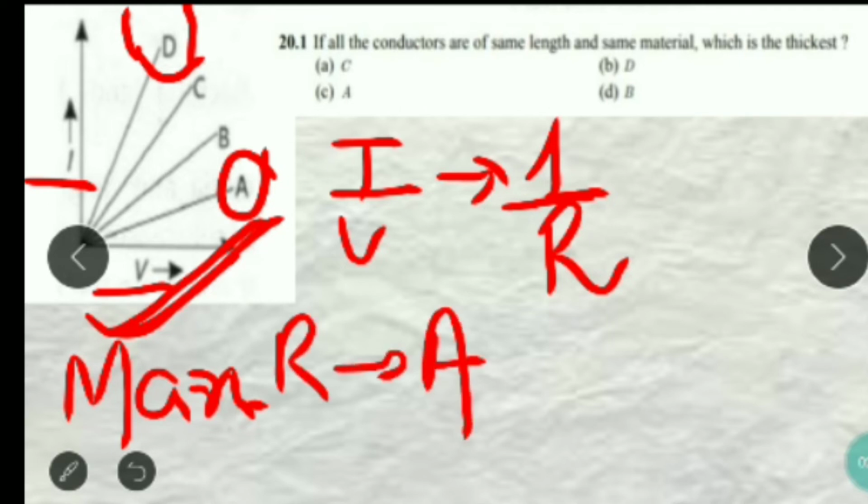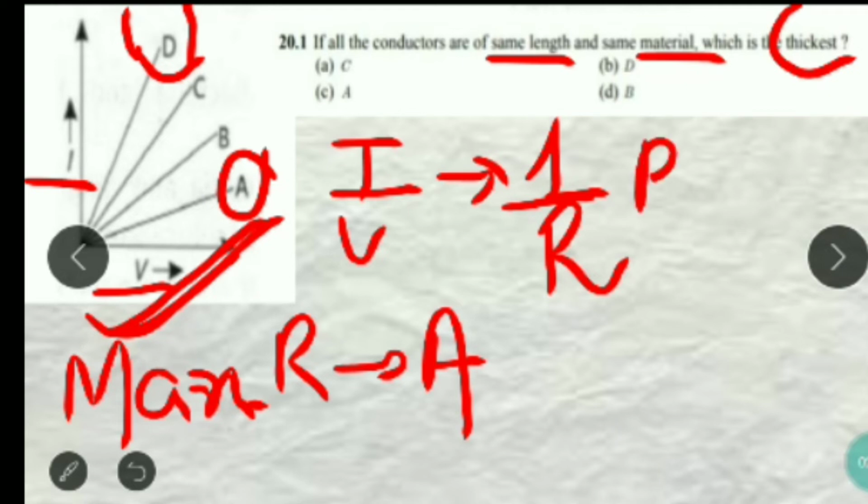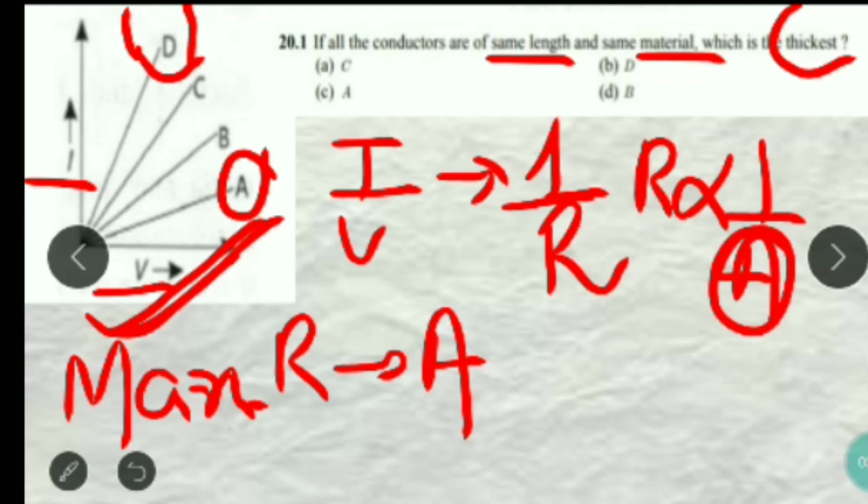तो अब दूसरी बात पूछी जा रही है, if the conductors are of the same length and same material, which is the thickest? थिकेस्ट मतलब क्या है? थिकेस्ट मतलब कि मिनिमम रेजिस्टेंस होगा जिसका, क्योंकि हमें पता है रेजिस्टेंस और एरिया इनवर्सली रिलेटेड है, जिसका सबसे ज्यादा एरिया होगा। थिकेस्ट मतलब क्या हुआ? एरिया ज्यादा है, उसका रेजिस्टेंस क्या होगा? सबसे कम। मैक्सिमम एरिया इज इक्वल्स टू मिनिमम रेजिस्टेंस, और मिनिमम रेजिस्टेंस किसका है हमारा?